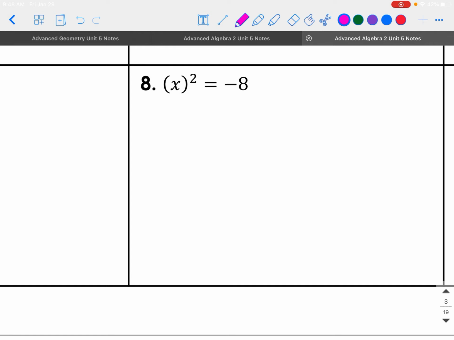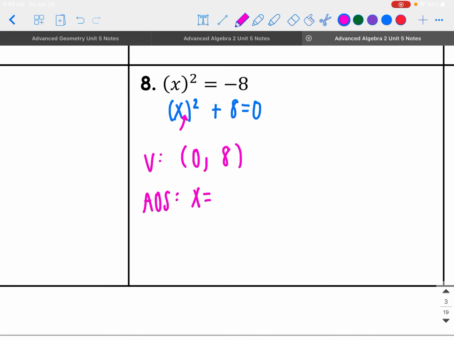Number 8, this is just x squared. It's going to become a plus 8 equals 0. For my vertex, I don't have anything on the inside, so it's just 0, 8.